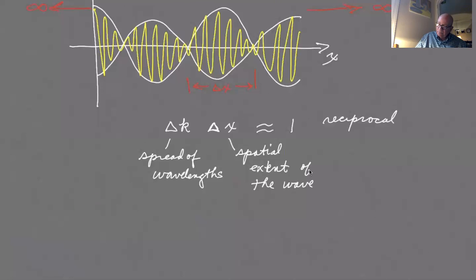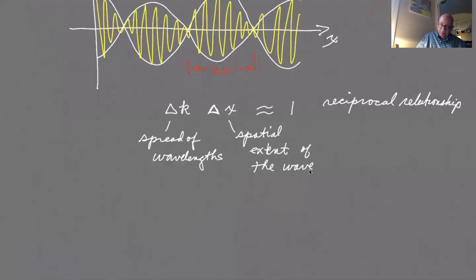The proof of this is beyond the scope of this course, but clearly you can see that delta k would be equal to 1 over delta x, and delta x is 1 over delta k, which means as one gets larger, the other gets smaller, and vice versa.